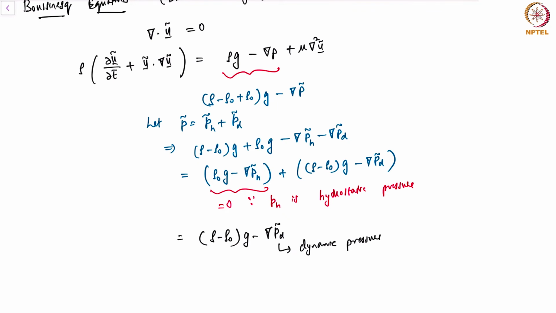Let me write that down. So in the inertial term that you have here, you can say that it is rho naught plus a delta rho, that is the fluctuation of the density. And what we do is we ignore the fluctuations in density in all terms except the gravity term, and this gives us the Boussinesq approximation.